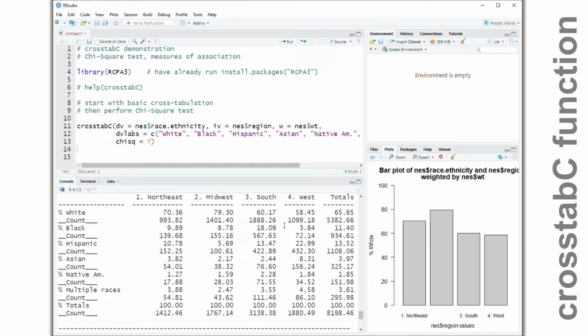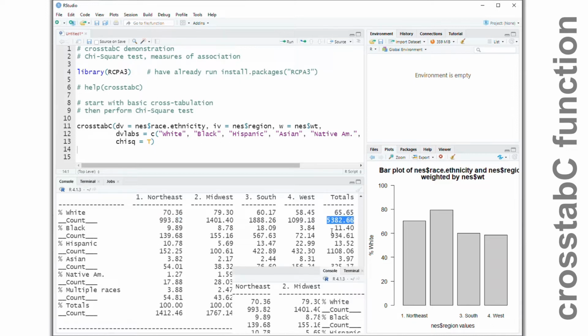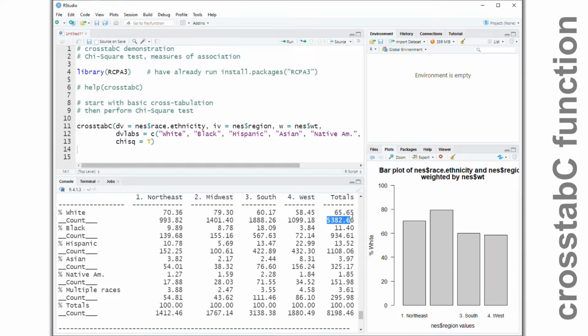The interesting thing about it: you would think, oh, you've got 24 data points, but in reality, we don't have 24 independent data points. We know that the total white population in the sample across the country is 5,382.